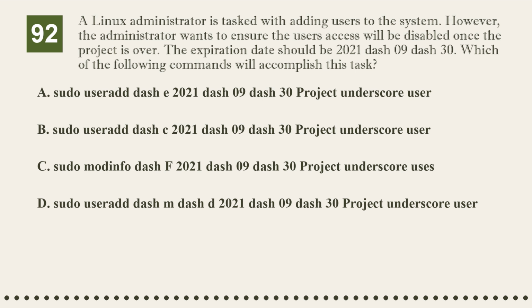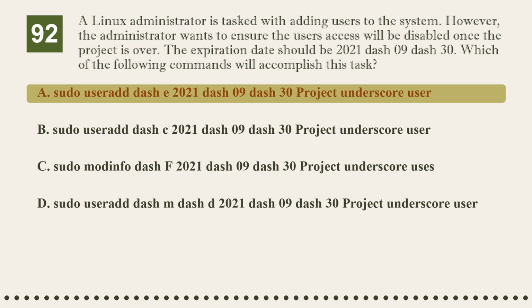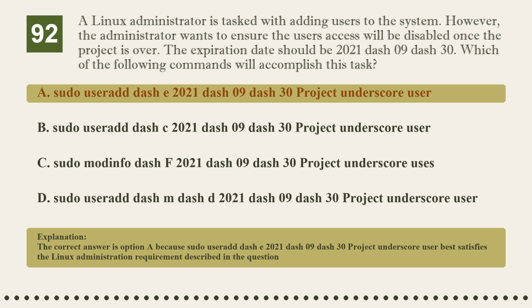Option C. sudo modinfo -f 2021-09-30 project_user. Option D. sudo usermod -m -d 2021-09-30 project_user. The correct answer is option A because it best satisfies the Linux administration requirement described in the question.